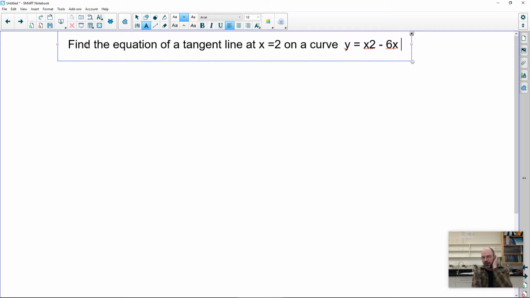If I put a 2 in there, I don't want to make it 2. It'll be 4 and -12 plus 4.